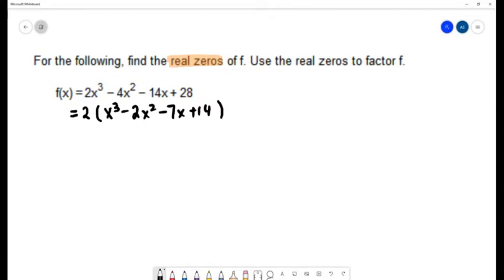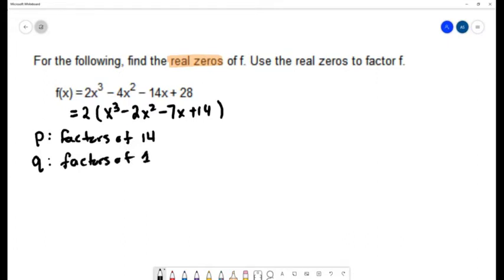So then what I would do would be to identify factors of p and q. So p is going to be factors of 14, our constant, and q is going to be factors of 1, which is our leading coefficient.